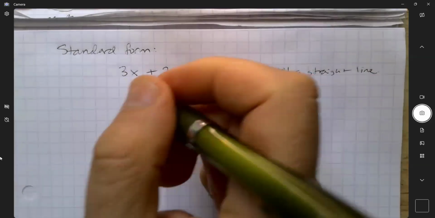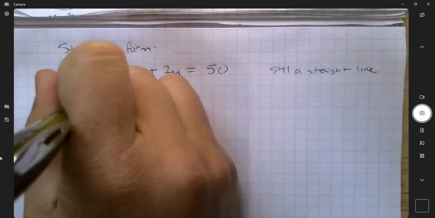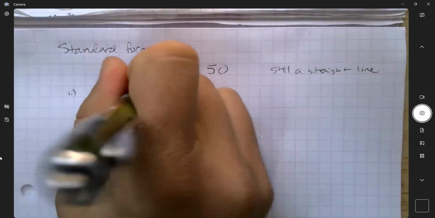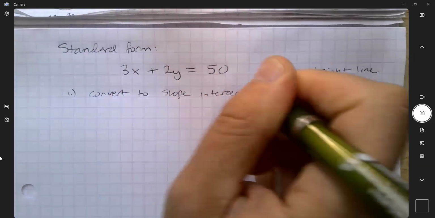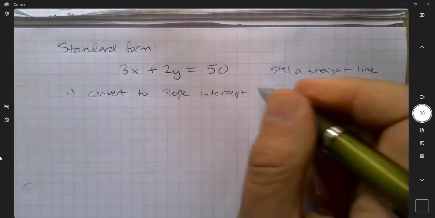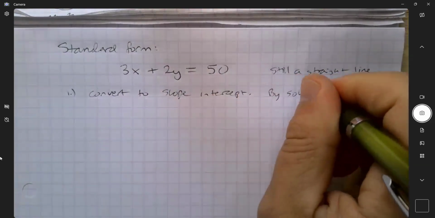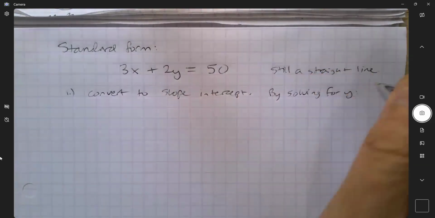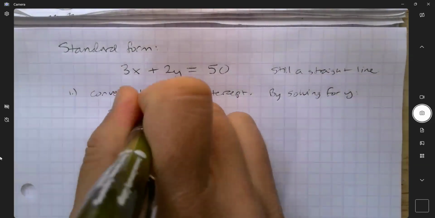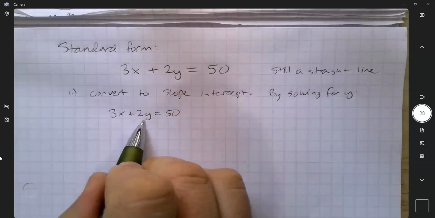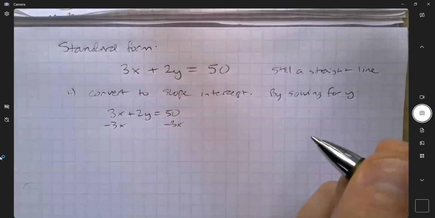So when working with this form, my recommendation is to convert to slope-intercept form. And the way you do that is by solving for y. So in this case, if I have 3x plus 2y equals 50, I'm going to solve for y. So first I'll subtract 3x from both sides.